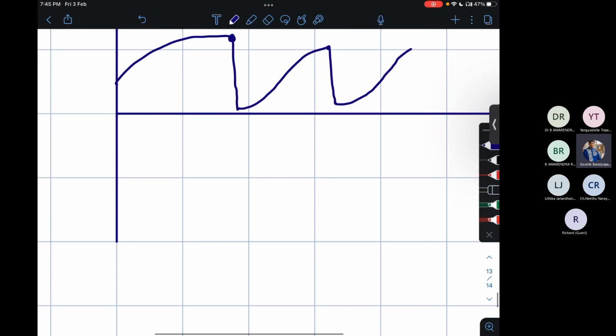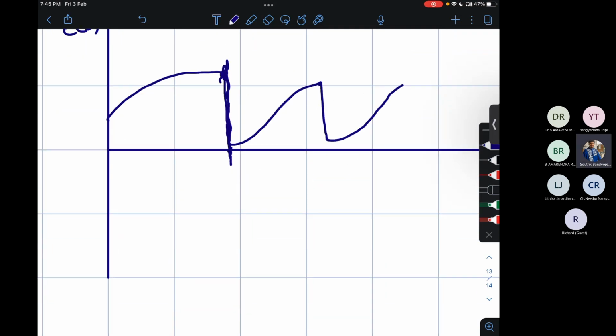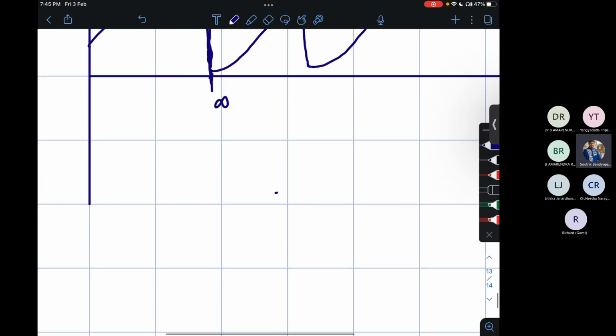In other words, at this point, the time derivative of this function was infinity, because there is a sharp jump, right?